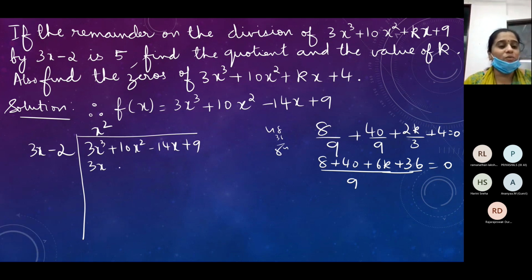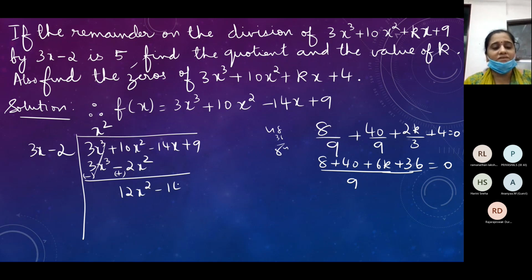So x squared, 3x cubed minus 2x squared. Change the signs. Cancels. 12x squared minus 14x plus 9. So what's the next term in the quotient?